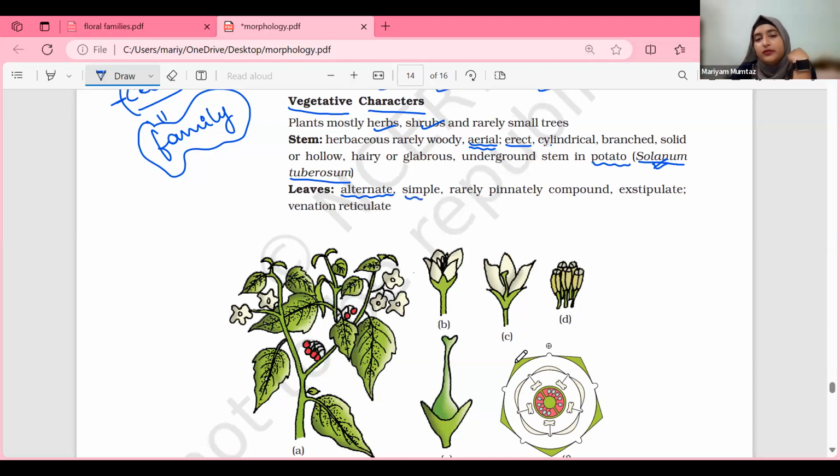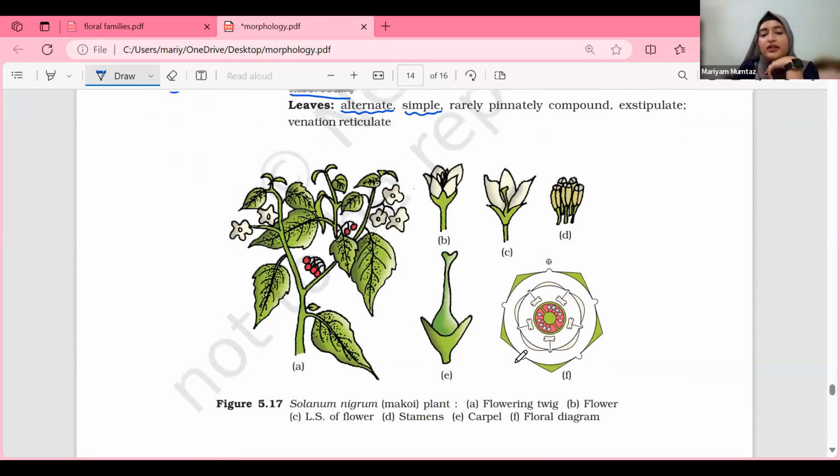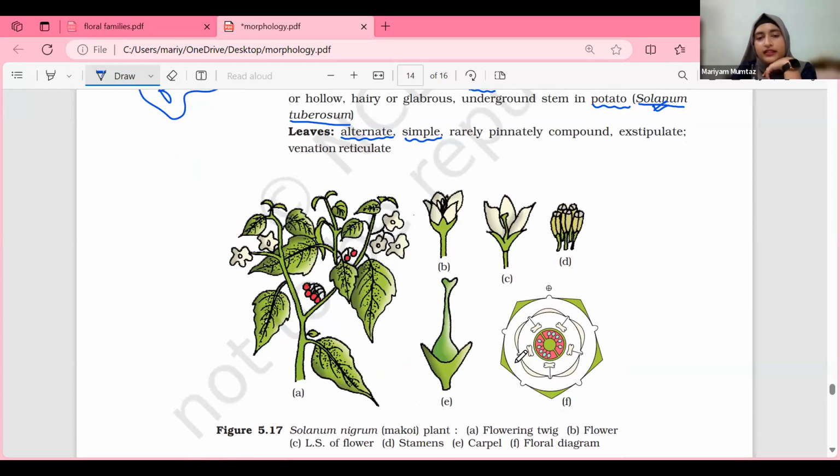So the leaves are alternate. They are simple. What is the meaning of simple? Not compound, just single leaves. Yes, you're right. Look at the leaves in the diagram given below and tell me how they are simple.